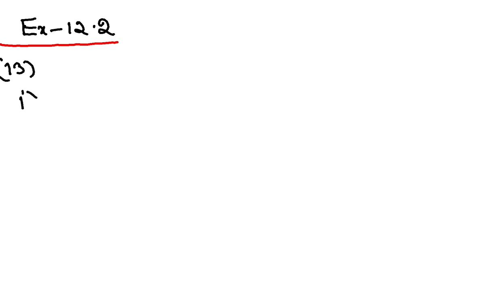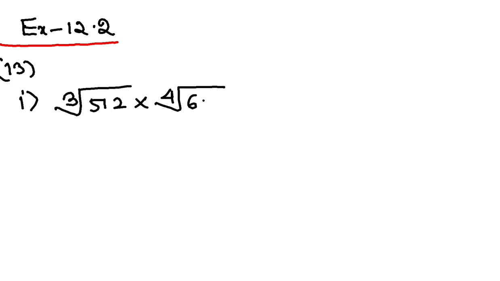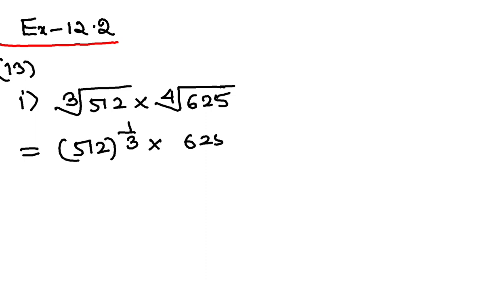The first one is cube root of 512 into fourth root of 625. Okay. So we know I will convert this to exponential form. So 512 to the power 1 by 3 and this will be 625 whole to the power 1 by 4. Okay.